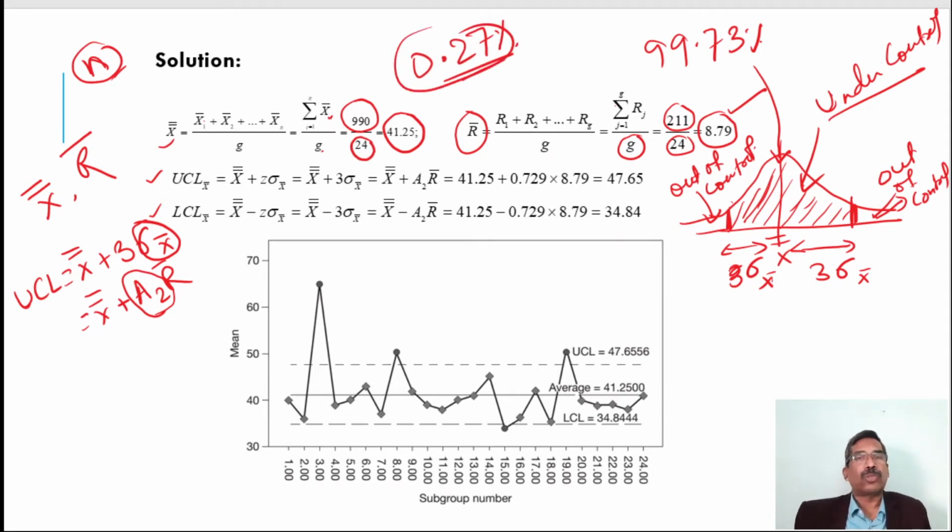And if you produce 1 million products, then this will be 2700 defective products. That means if you follow the plus minus 3 sigma concept, then we can produce 2700 defective products out of 1 million products.